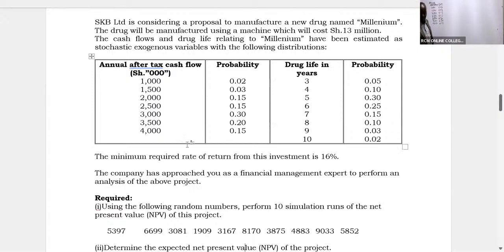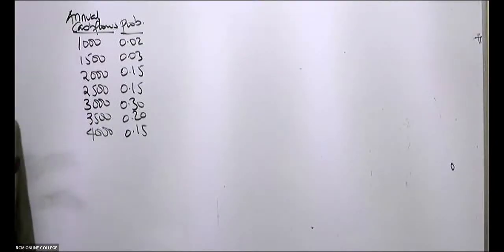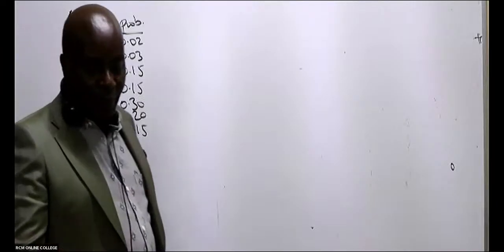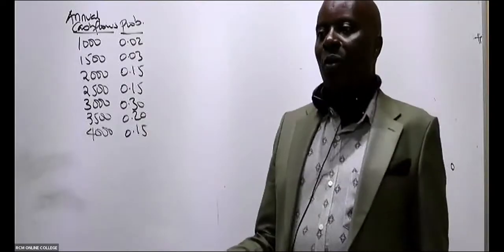First of all, we shall assign random numbers, because if you look at the question, they want us to use the following random numbers to perform 10 simulation runs. To simulate, the first step is to come here and get the random number ranges. But how do I get random number ranges without cumulative probabilities?